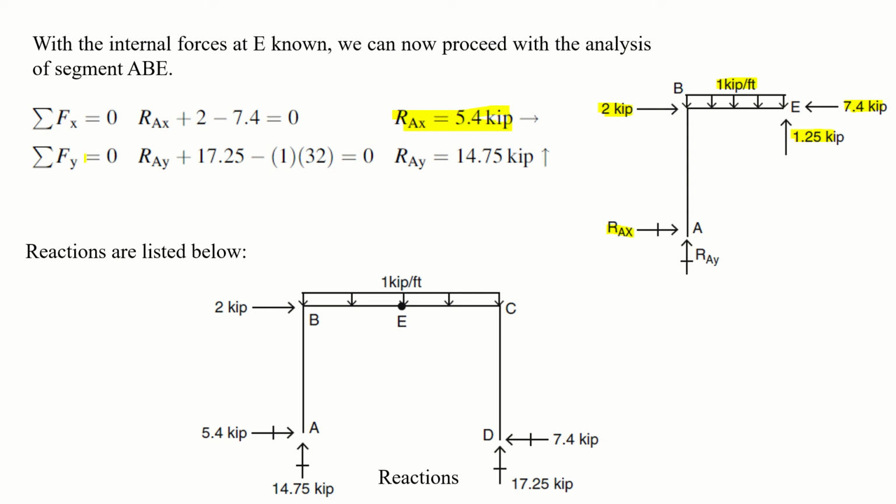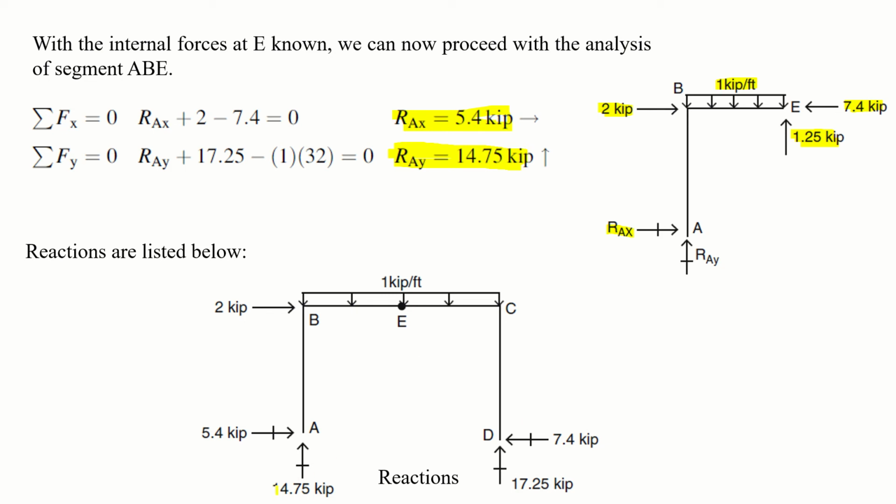And the second is summation of Fy. So in y direction we have this 1.25 kip, this vertical downward applied force, and this RAY. So we will get RAY is equal to 14.75 kips upward. So we have got the reactions and these are listed in this figure.